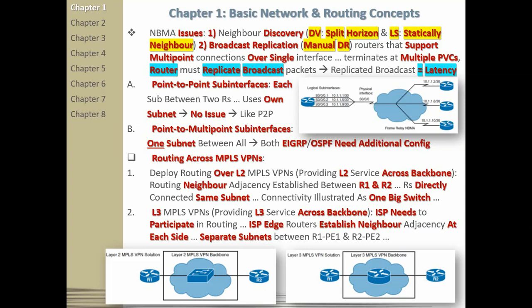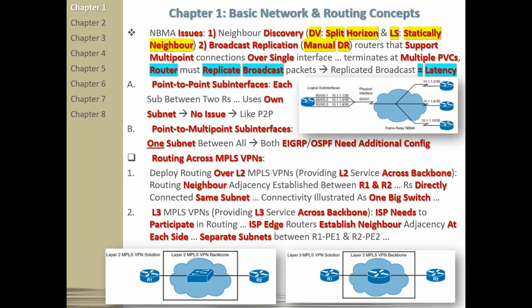When we deploy routing over layer 2 MPLS VPNs, the one that you see on the left-hand side at the bottom of this slide, neighbor adjacency with the routing is established directly between router 1 and router 2, as if there is no ISP cloud in the middle, because the whole thing in the middle is a layer 2 backbone. So R1 and R2 can directly get connected with the same subnet.